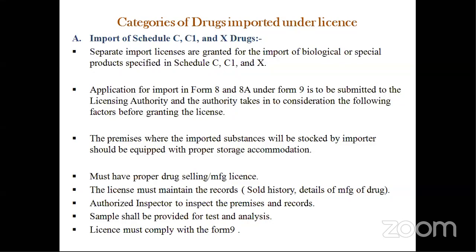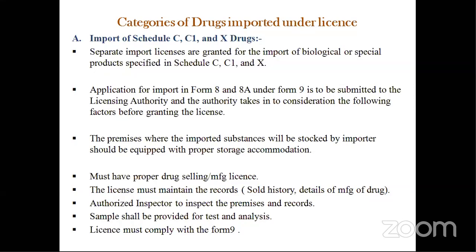Both forms consist of an application for an import license made to the licensing authority in Form 8 and Form 8A for drugs, including or excluding those specified under Schedule X. Those drugs specified under the Schedule X category, they have to fill Form 8 and Form 8A for getting the license or approval.